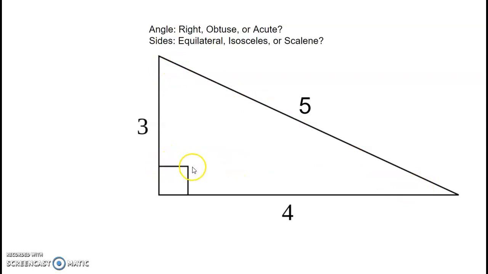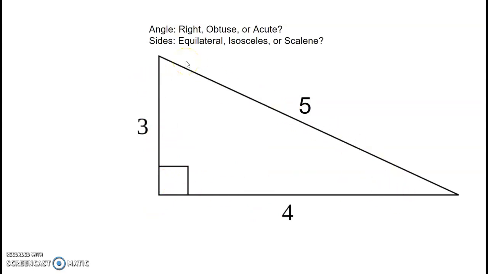But I can see that I have one that makes a square, and I know any angle that I can make a square out of is a right angle. So if I have one right angle, that is enough to classify it as a right triangle. And then if I'm looking at the sides, I have a side length of 3, a side length of 4, and a side length of 5.